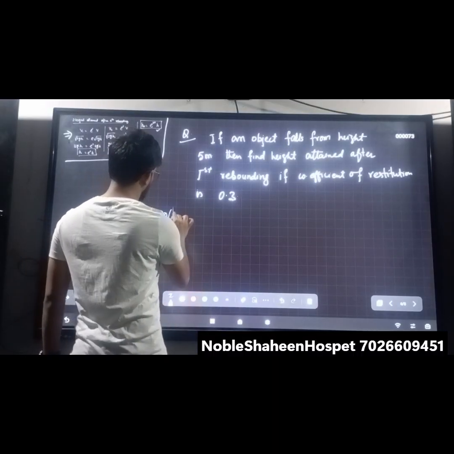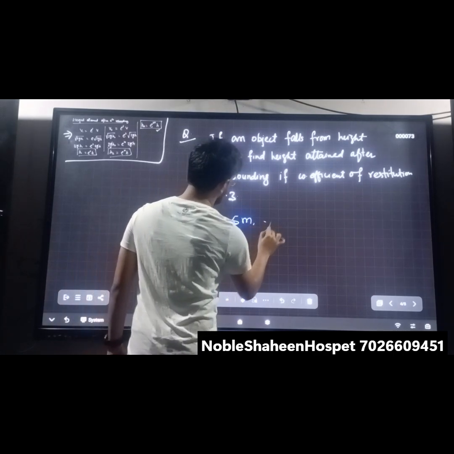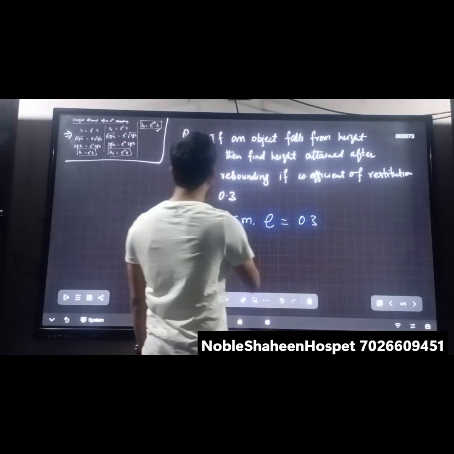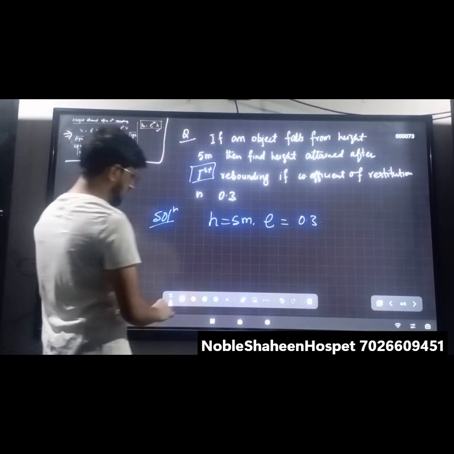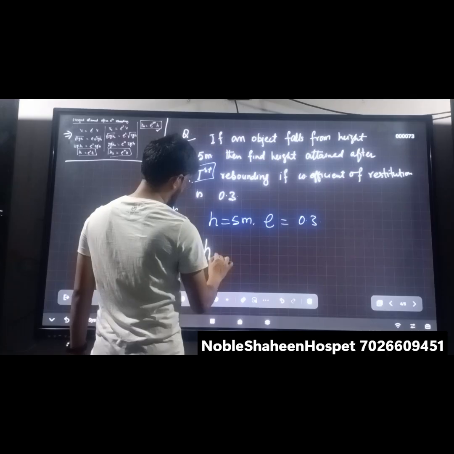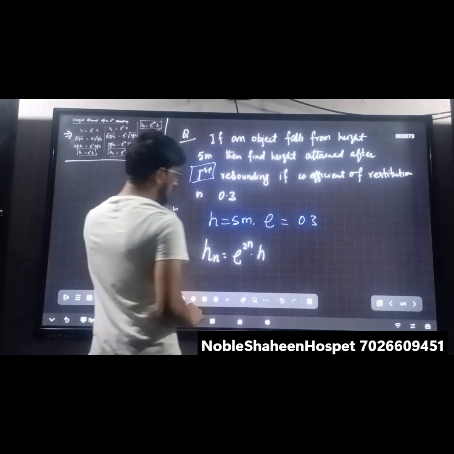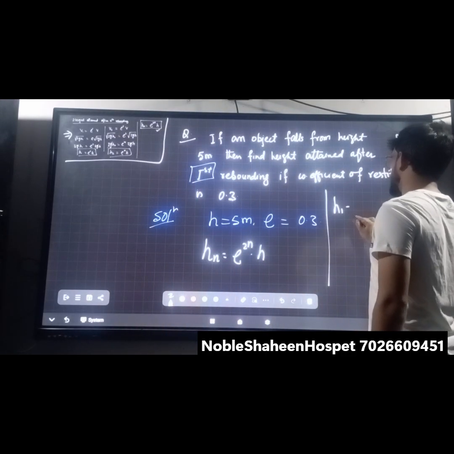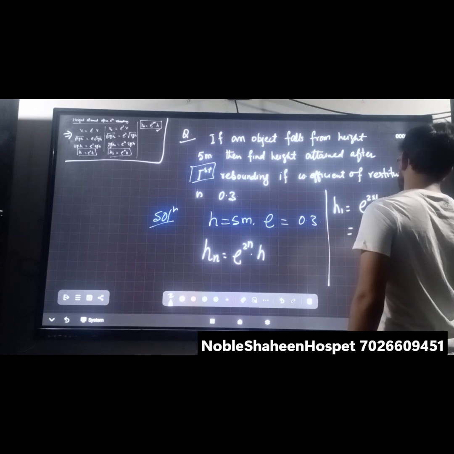Let's see. The question gives that height is 5 meters and the coefficient of restitution e is equal to 0.3, and the number of rebounding is the first rebounding. So we have the formula Hn is equal to e to the power 2n into h, or we can say H1 is equal to e to the power 2 into 1 into h, or e square into h.